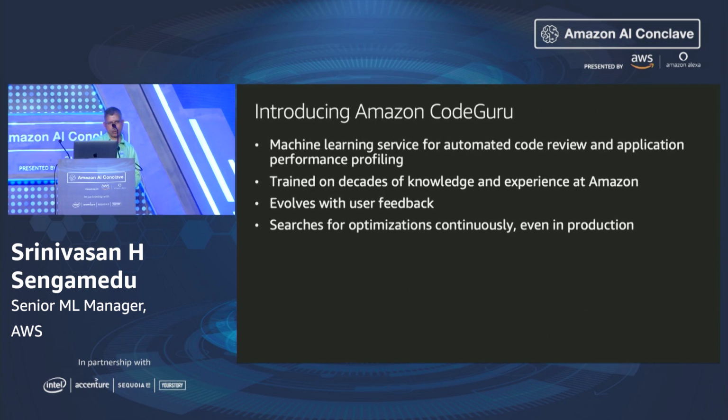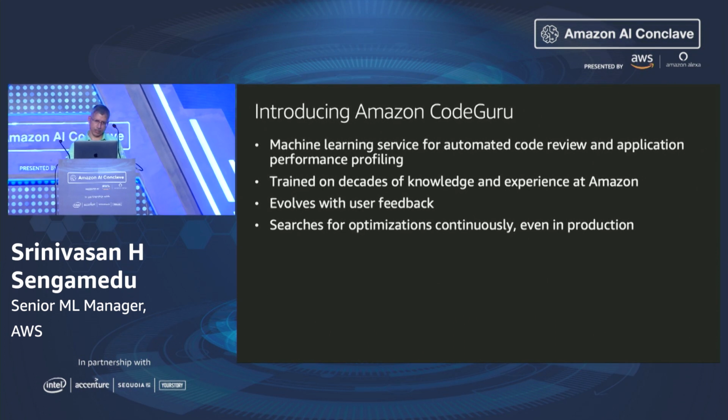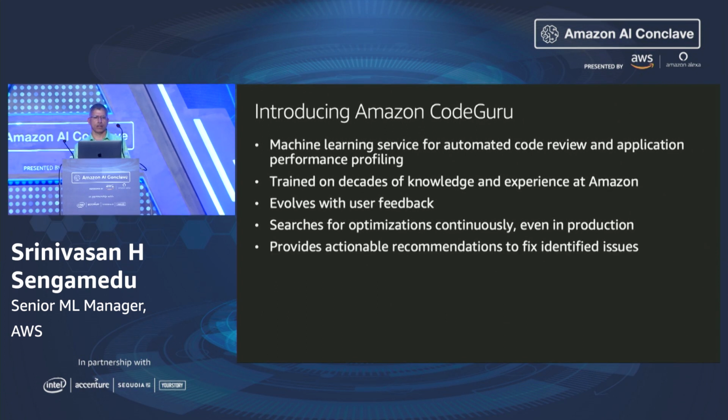So especially the Amazon CodeGuru profiler, it has a low overhead, so that you don't have to hesitate before deploying to production, and seeing what's going on with your application running in production. And it provides actionable recommendations to fix the identified issues, so that you not only know what the problem is, you also know how to address it.